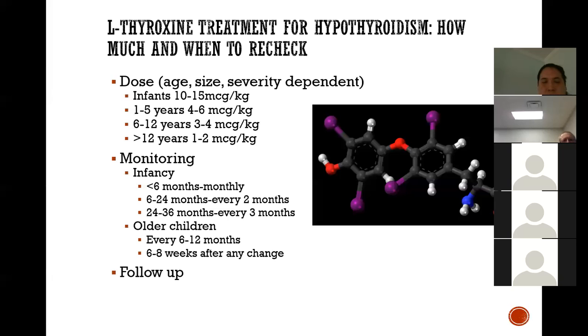Once in a while I'll compromise and we'll try a little higher dose to see if it makes a difference. That's how I handle that. Any follow-up question on that? No, thanks. Okay, great, thank you.